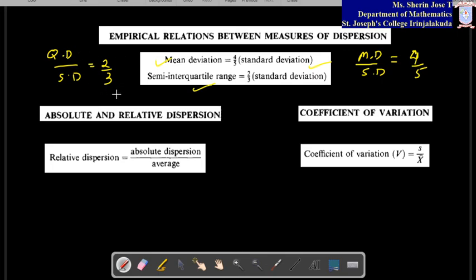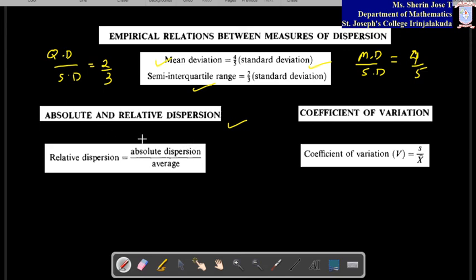It should come, then only it is a standard data. If one is given, you can find the other using this formula, and whether such data exists or is good, you can check by doing this fraction, whether it is coming or not.